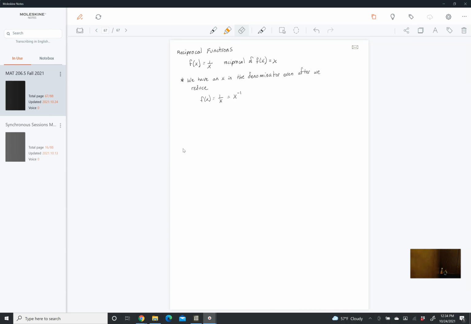Okay, let's take a look at what this function looks like on a graph. So on a graph, and this is just a sketch, here's our y-axis, here's our x-axis. On a graph, the reciprocal function looks as follows.